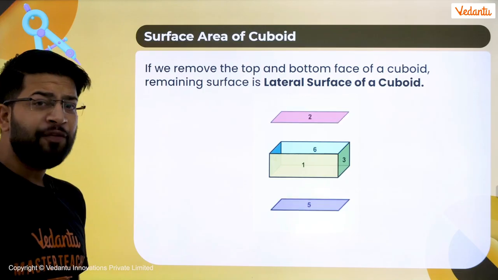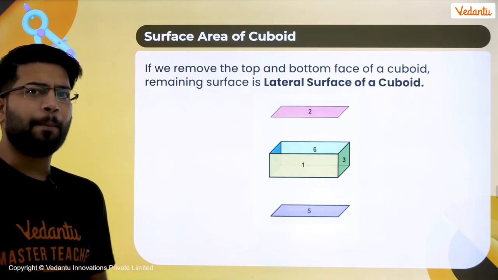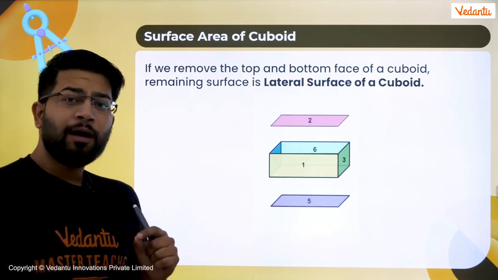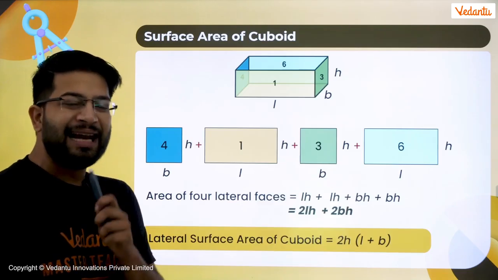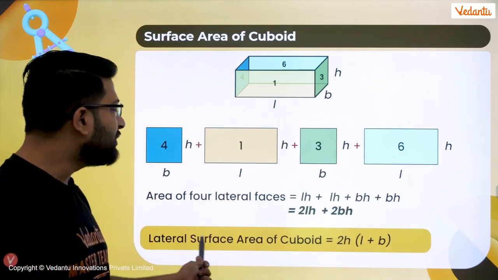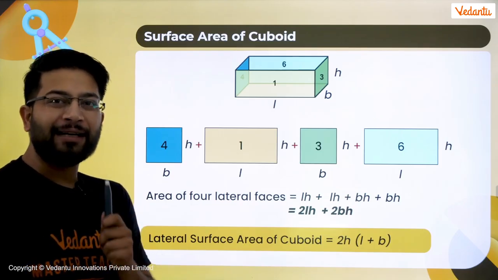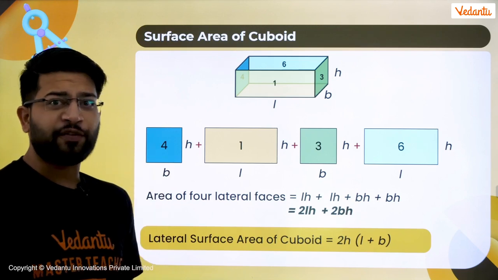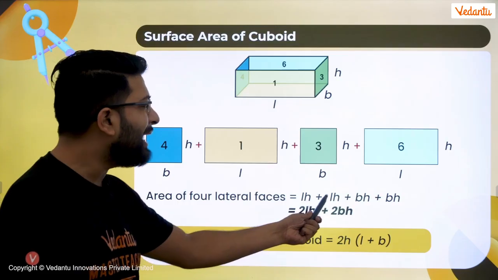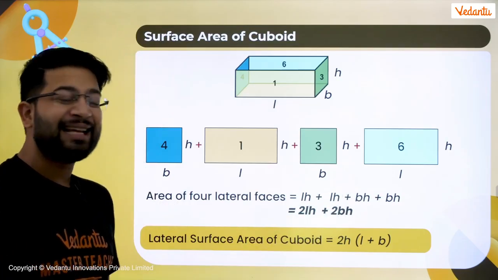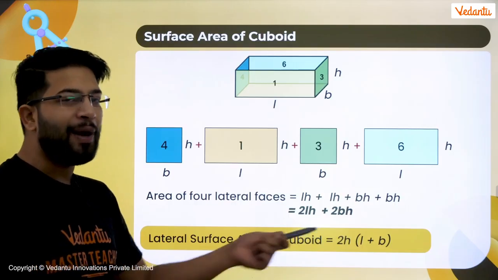Now champ, if from the cuboid I exclude the area of the base and the top, if I'm not including the area of the top and the bottom face, then in that case the area will be known as the lateral surface area of the cuboid. Now if I'm not including the top and the base, then there will be only 4 faces, and that is why when we add the area of those 4 faces, I will get the lateral surface area of the cuboid, which is 2H into L plus B.